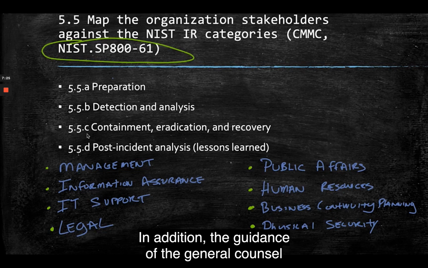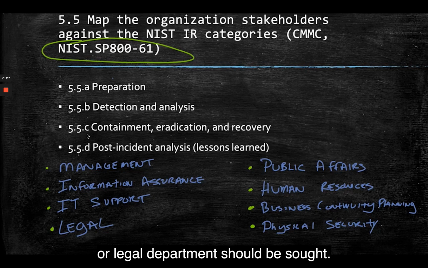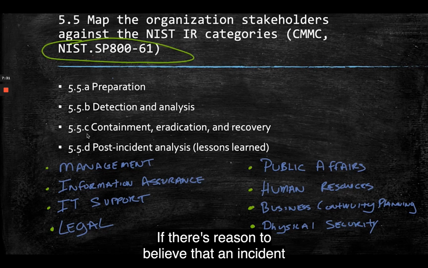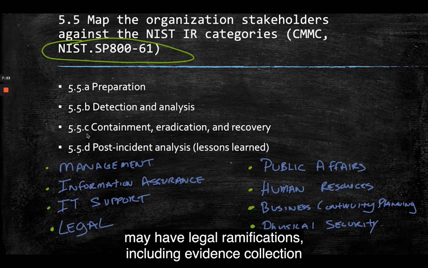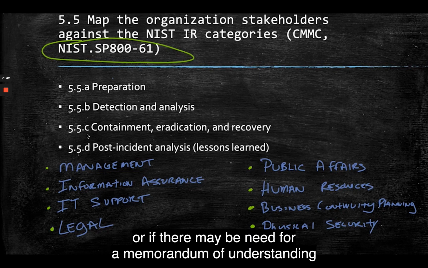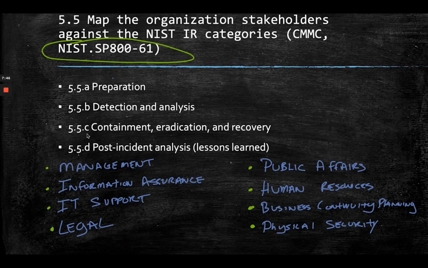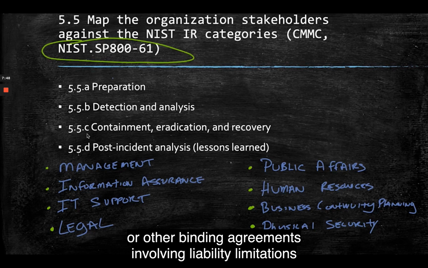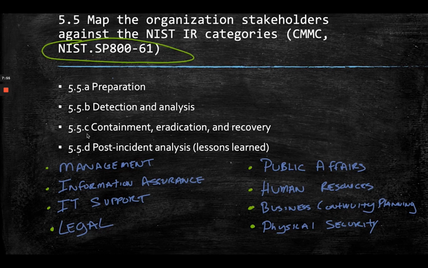In addition, the guidance of the General Counsel or legal department should be sought if there is reason to believe that an incident may have legal ramifications, including evidence collection, prosecution of a suspect, or a lawsuit, or if there may be need for a memorandum of understanding or other binding agreements involving liability limitations for information sharing.